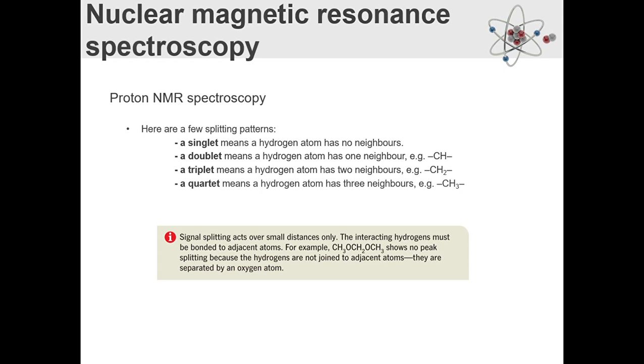Now, signal splitting acts over small distances only. The interacting hydrogens must be bonded to adjacent atoms. For example, CH3OCH2OCH3 shows no peak splitting because the hydrogens are not joined to adjacent atoms. They are separated by an oxygen atom.